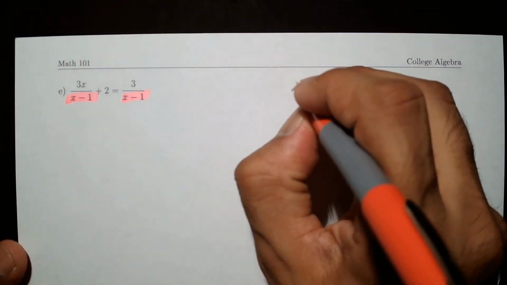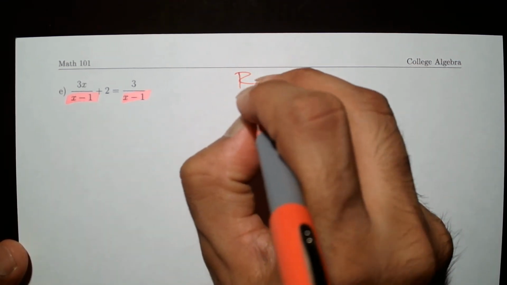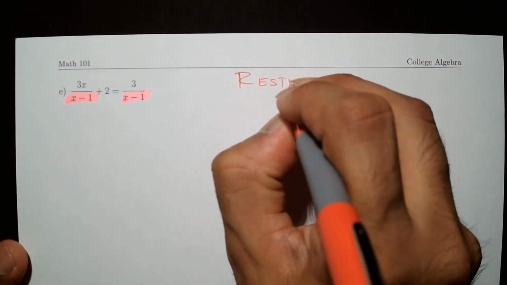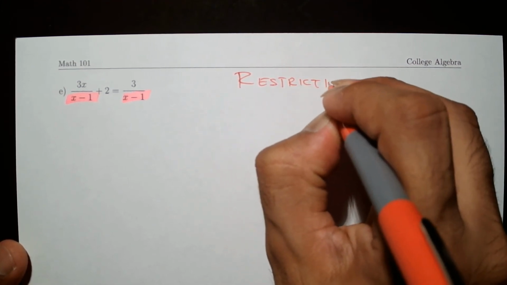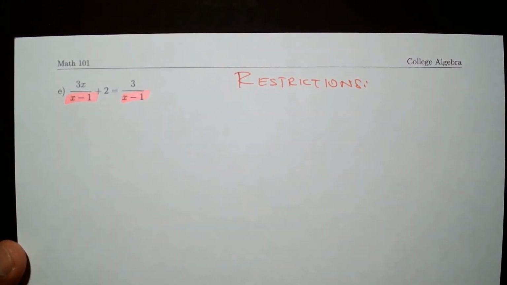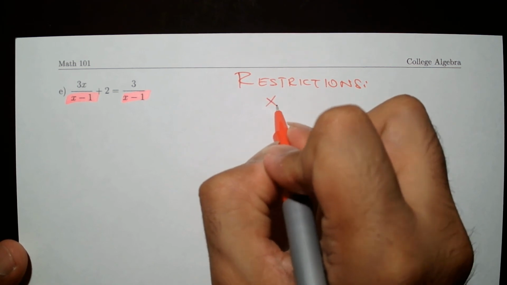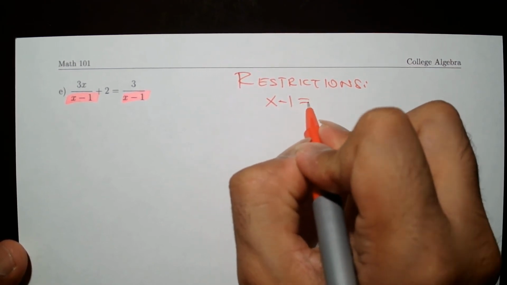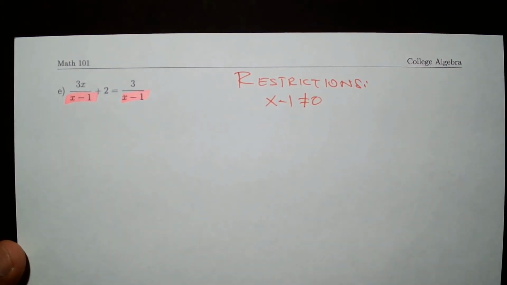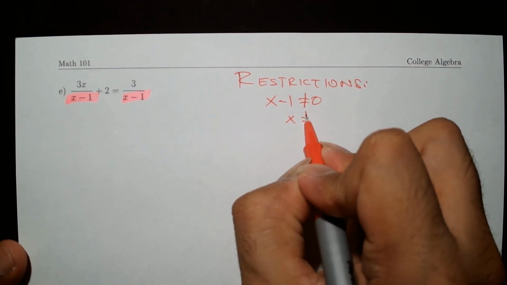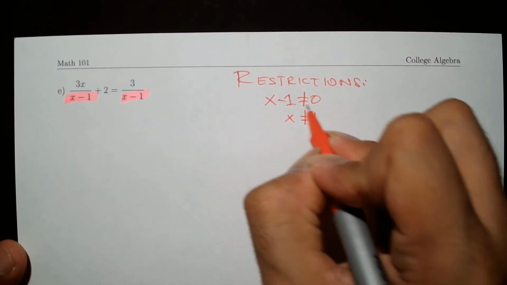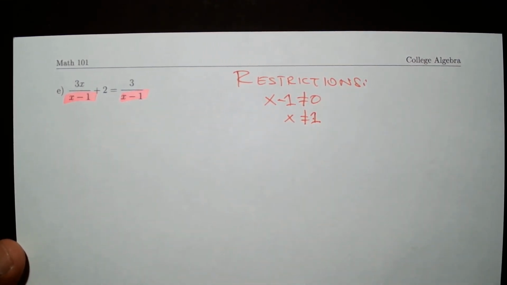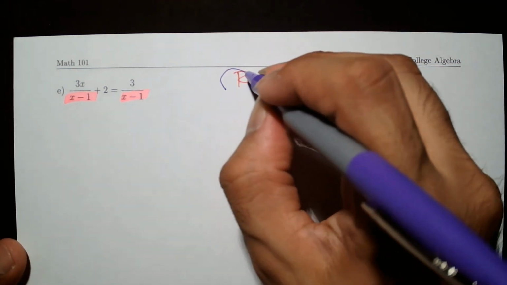Let me write down the restrictions. Okay, so the restrictions are that x minus 1 cannot be 0. In other words, x cannot be positive 1.